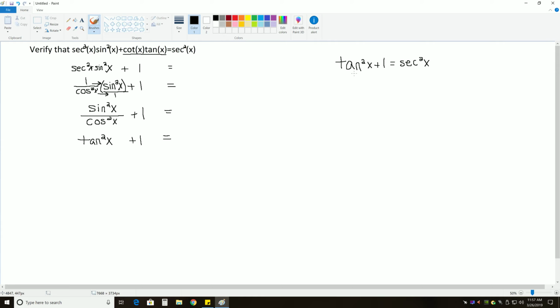And as soon as we make that note, we're allowed to use that to change this problem around to say that tangent squared x plus 1 is just secant squared x. And that gives us exactly what we needed on the right side of the problem. We just completely changed the left side to match the right side. Therefore, we have verified the identity.